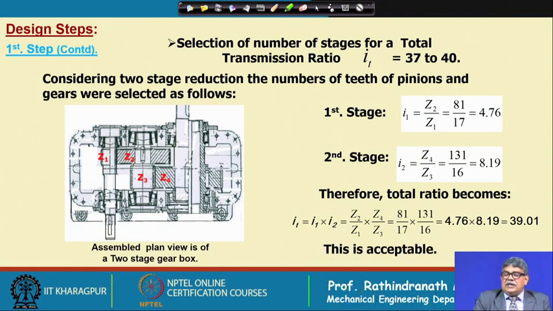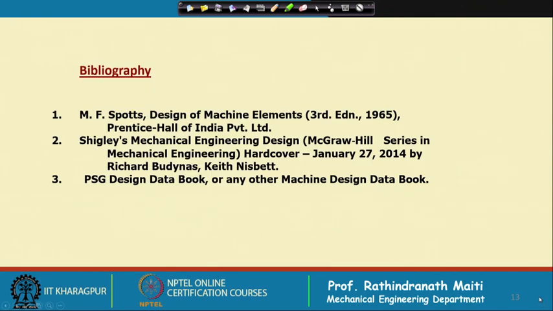So, we can have the teeth numbers maybe like this. Next, we shall examine what module is coming, and whether we can manage with a center distance which is a multiple of at least 5 if not 10. That we need to examine, and if necessary this teeth number can be changed again and we can go for a new ratio.